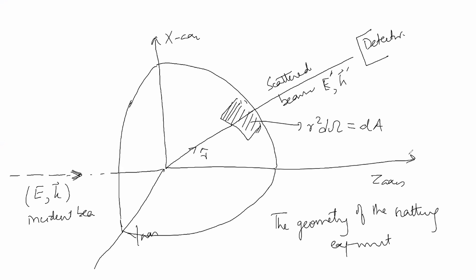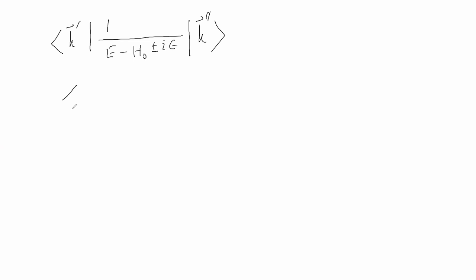Now let me go back to part of the expression, where we had K prime, E minus H naught plus minus i epsilon, K double prime. H naught will operate on K prime and give h cross K prime square by twice mu.